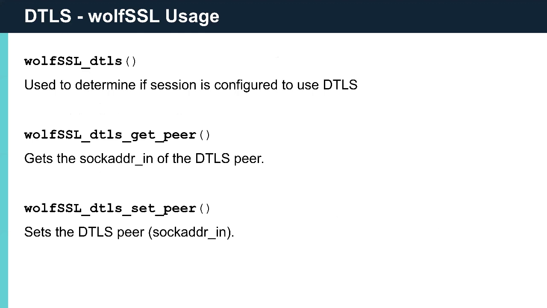An API called wolfSSL_dtls_get_peer returns the sockaddr information that you've set for your DTLS peer into that structure. We have a wolfSSL_dtls_set_peer function, which allows you to set the DTLS peer information by passing in a sockaddr_in structure.